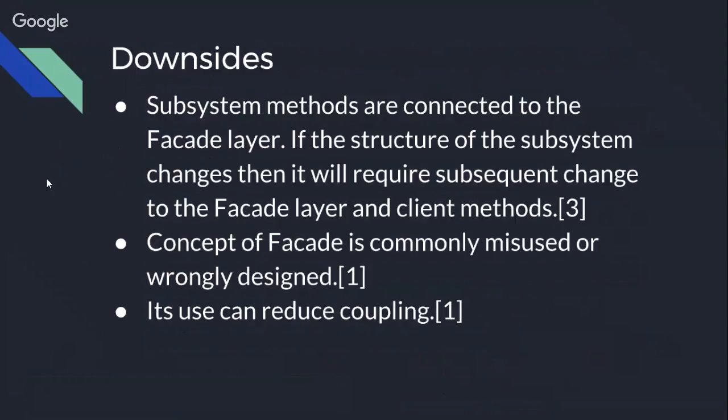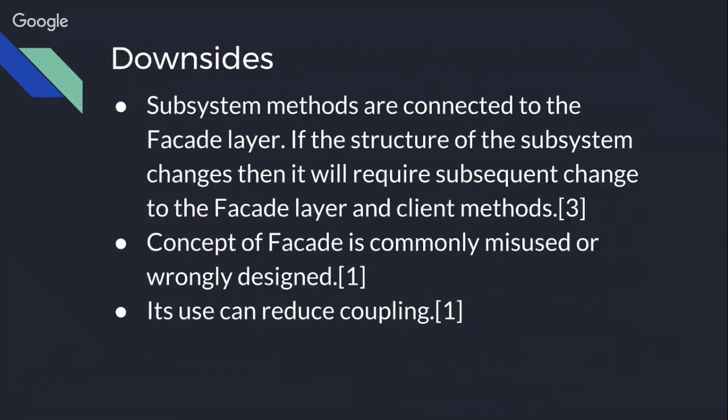Now let's talk about some of the downsides. Probably the biggest downside that we should be concerned with is maintainability. That's because you are connecting the subsystem methods to the facade layer. This could get complicated if anything in the subsystem changes.